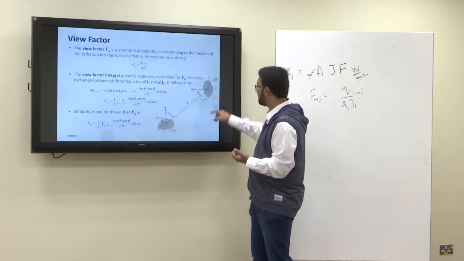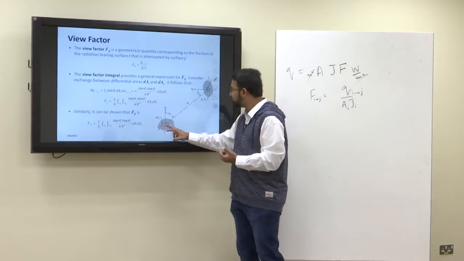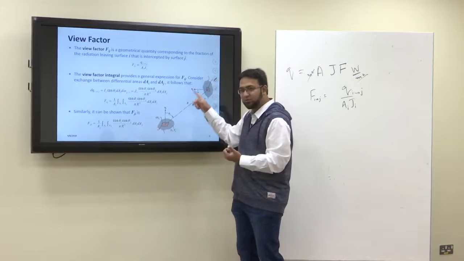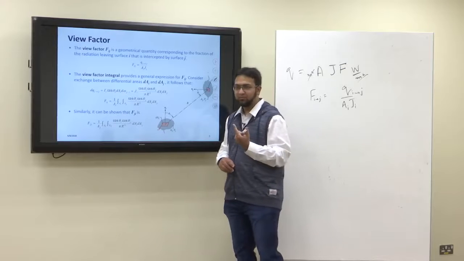Okay, so 10 watts transferred from this body to that body, 3 watts transferred from that body to this body. So the net transfer is 7 watts.